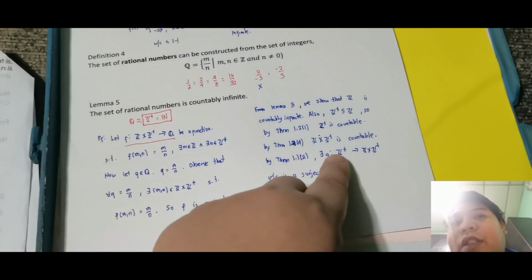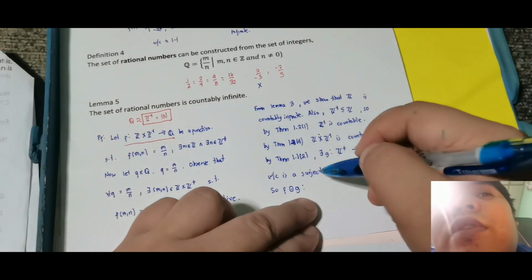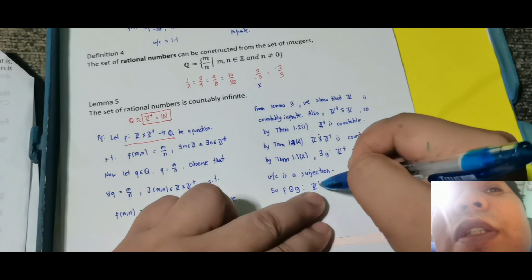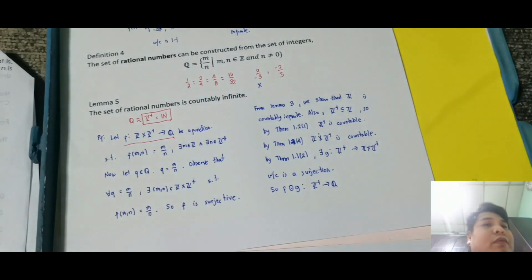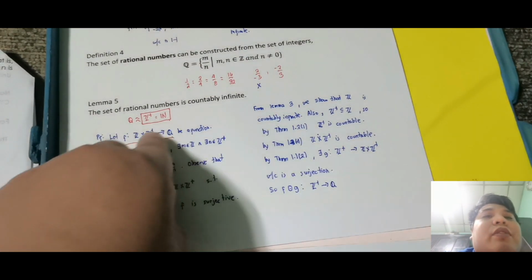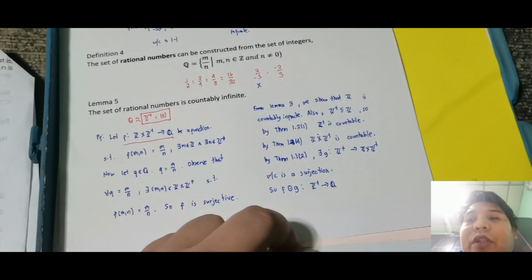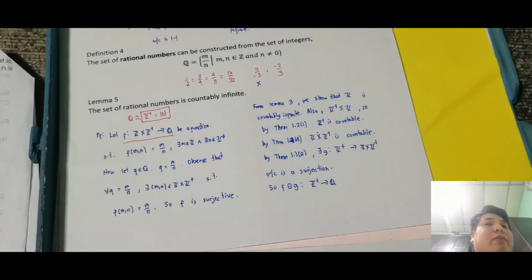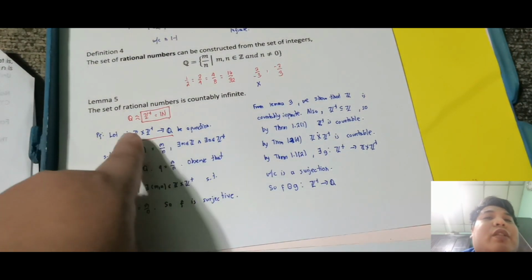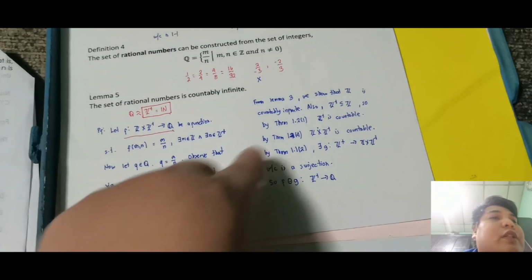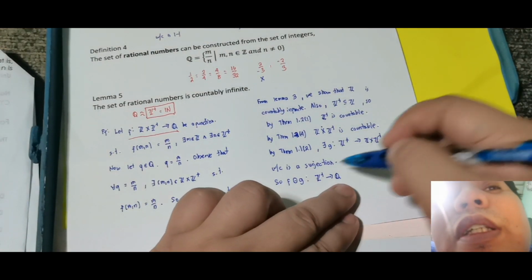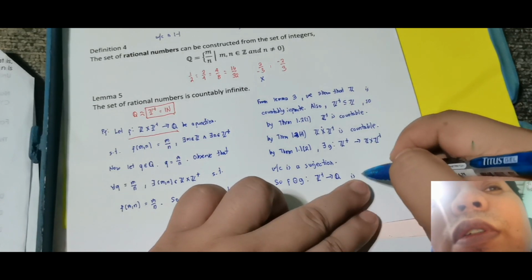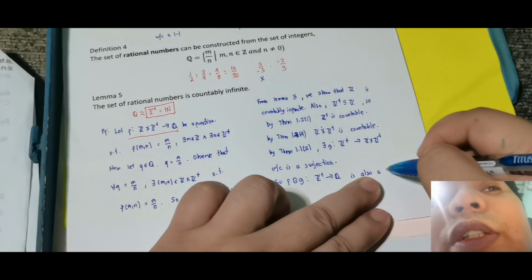So, ito ay Z plus mapping to Q. Which is also by theorem, di ba may theorem tayo, pag surjective yung isa, surjective si G, therefore yung F compose G, na Z plus going to Q, is also a surjection.